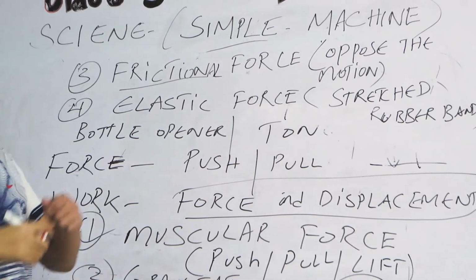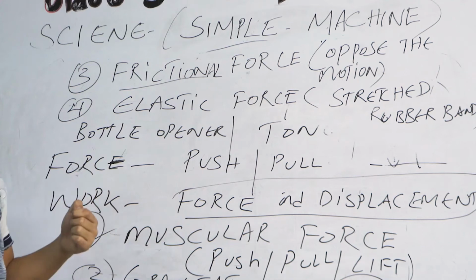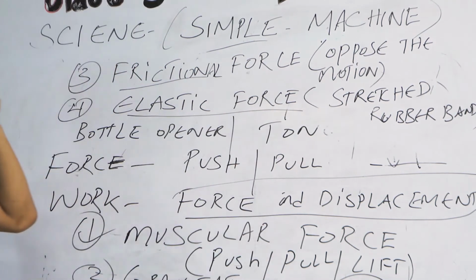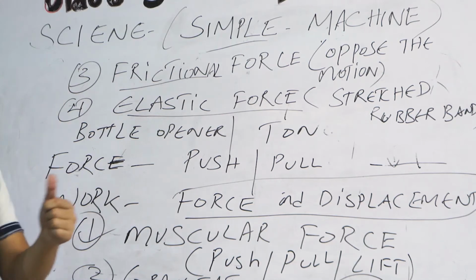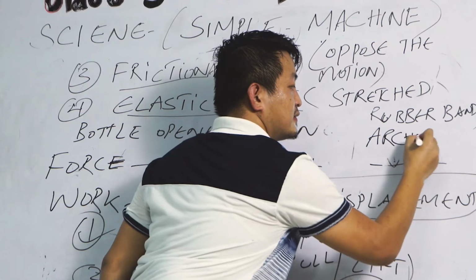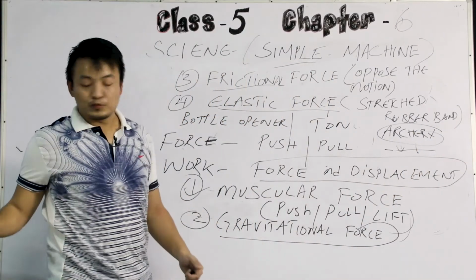Whenever you stretch the rubber band, you get a force, right? That one is elastic force. And you will see this elastic force even in archery. Clear?